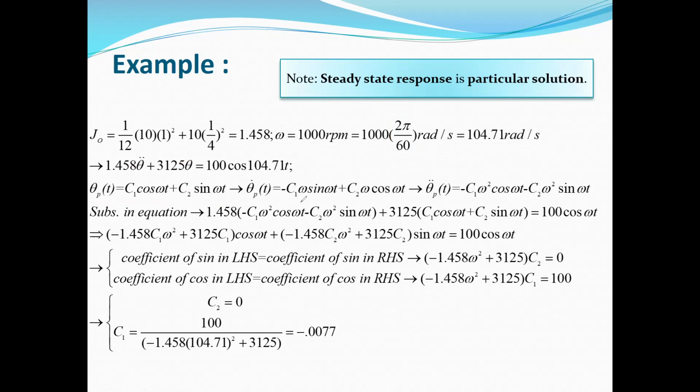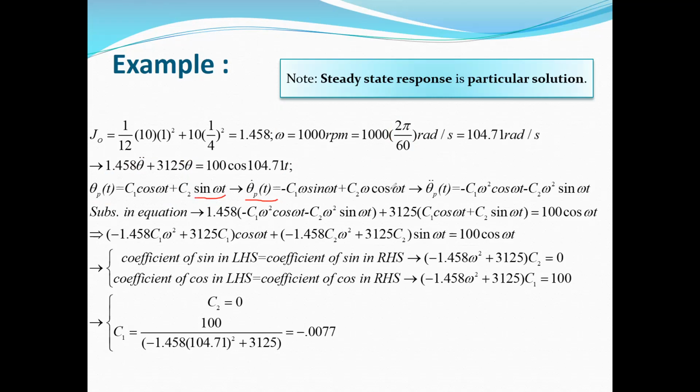Here you can see this is theta dot p, which is the first derivative of theta, the particular response, with respect to time. The first derivative of this function is C1 times the derivative of cosine omega t, which is minus omega sine omega t, and the derivative of sine omega t is omega cosine omega t.